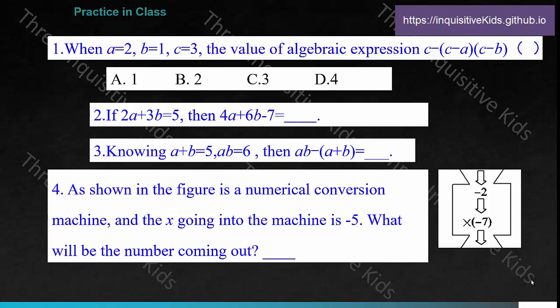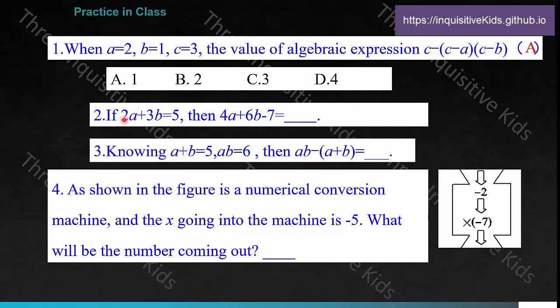Pause the video and choose the letter. Once we replace all of these variables with their value, we can see that the final answer is A. It equals 1. It's also extremely important to remember to use order of operations in problems like this.